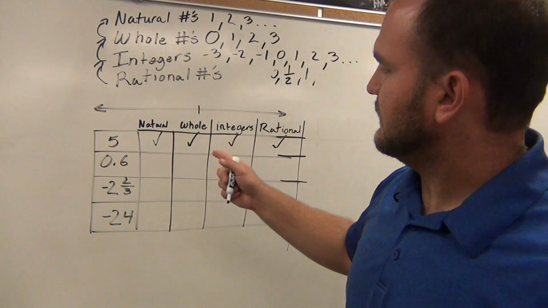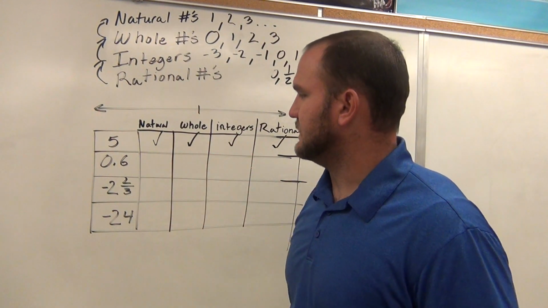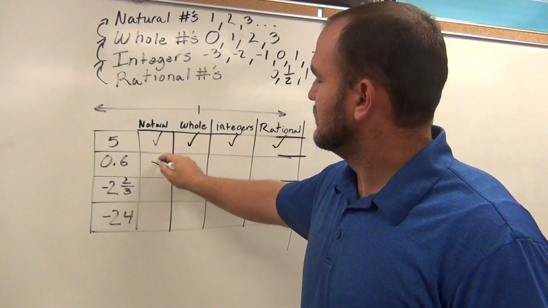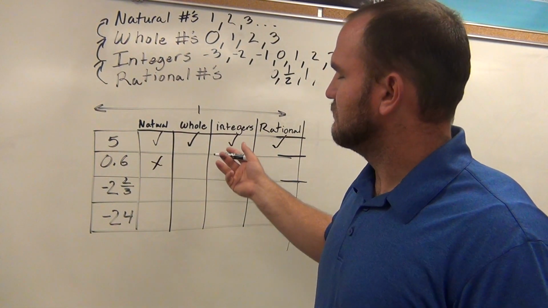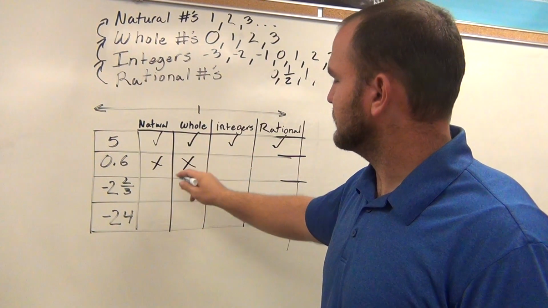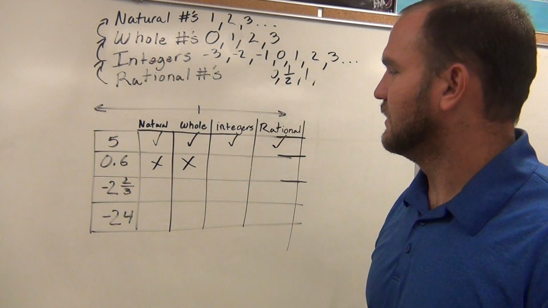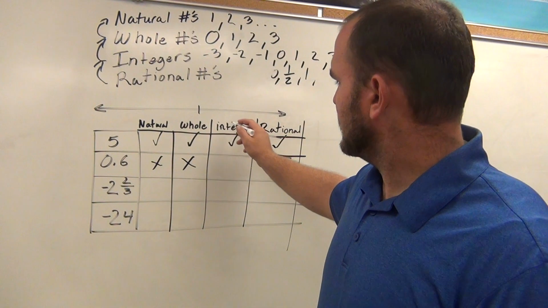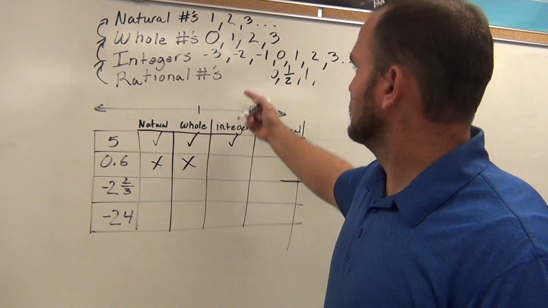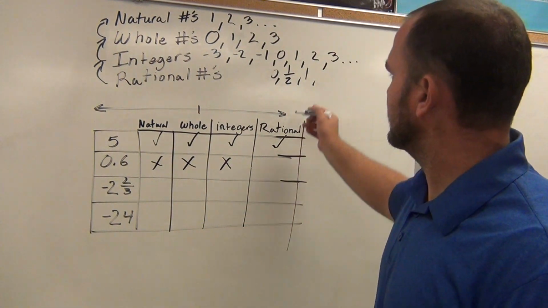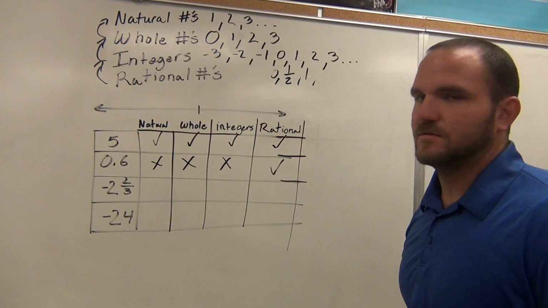So, going back down, 0.6. Not a natural number, not a whole number, it's a fraction. Well, fractions and decimals are actually the same thing. And so integers don't have decimals in it, and so the only category that it falls into is a rational number.